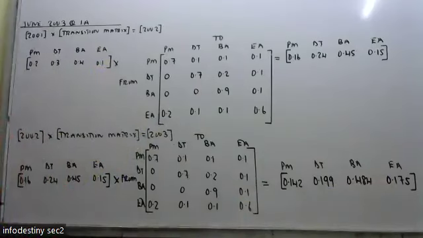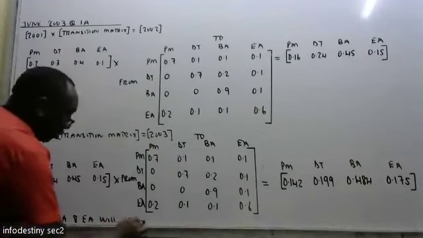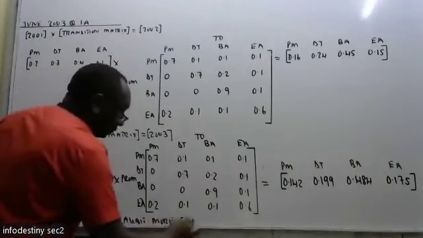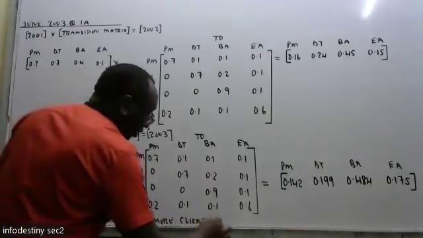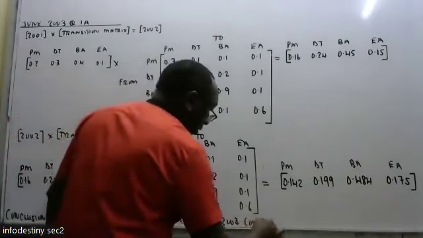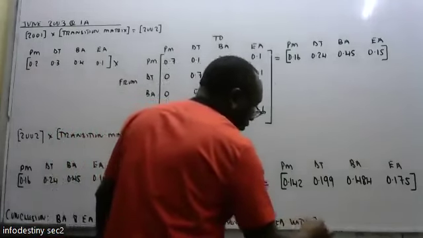So the advice or the conclusion is that BA and EA will audit more clients in 2003 compared with 2001.